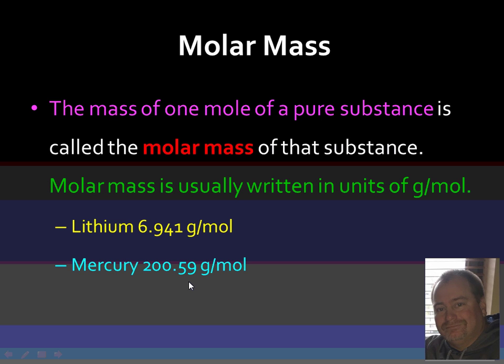So, if I have 1 mole of mercury, how much will that weigh? 200.59 grams. If I have 1 mole of lithium, how much will it weigh? 6.941 grams. So where do we determine the molar masses? By looking at our atomic weights on our periodic table.